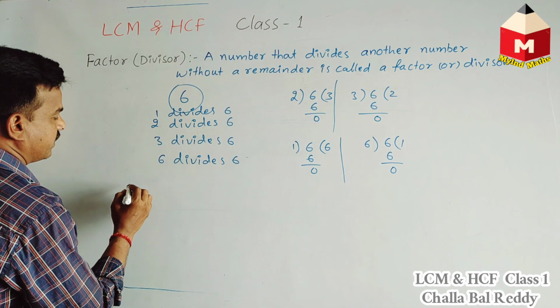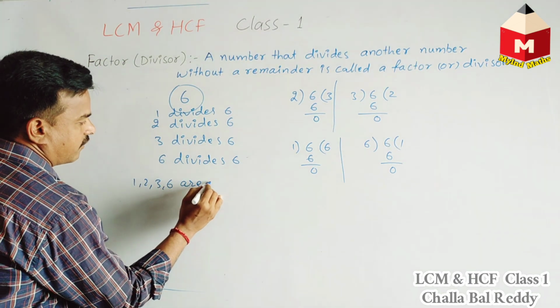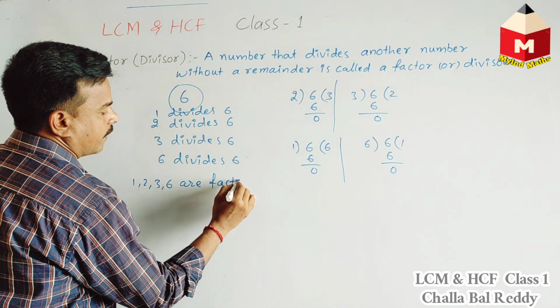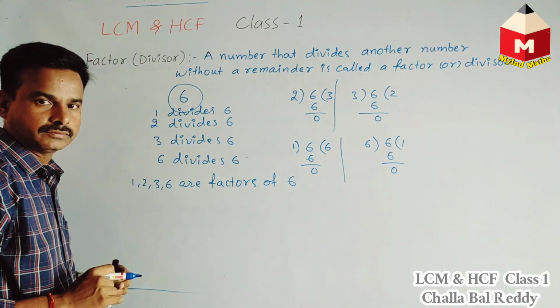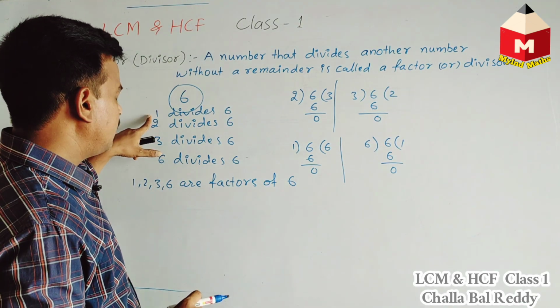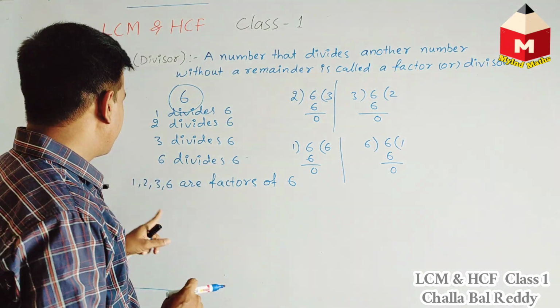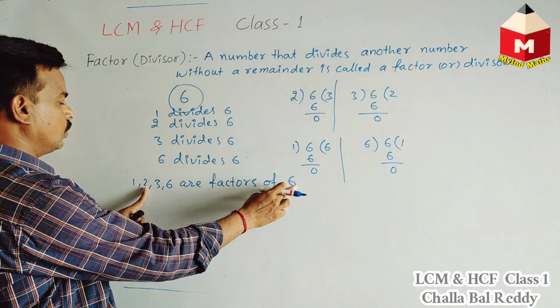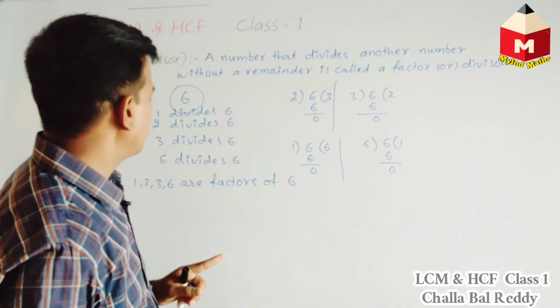That is why we can write 1, 2, 3, 6 are factors of 6. Because 1 divides 6, 2 divides 6, 3 divides 6, 6 divides 6. Okay?